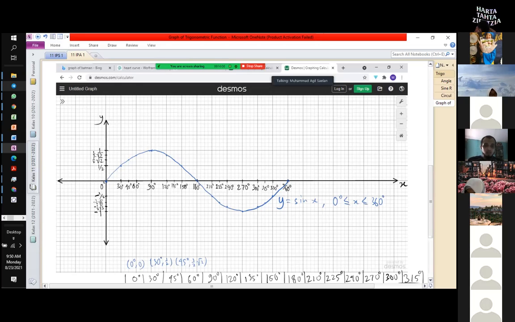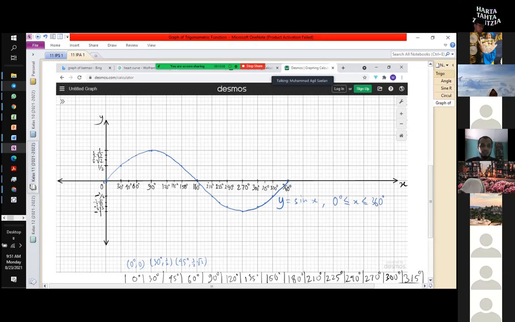Yeah, so first of all, it looks like a wave, gelombang. And indeed, it's the sine graph. We also use it to model waves. So we use this to model waves indeed.